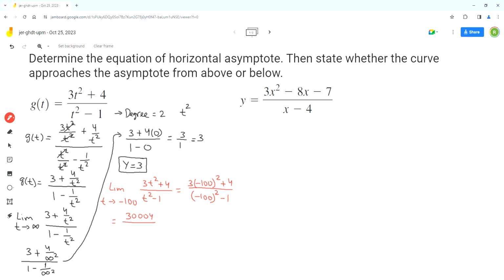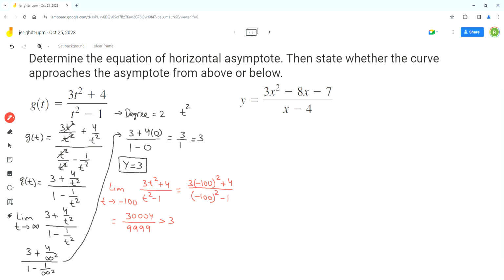In the denominator, negative 100 squared is 10,000 and 10,000 minus 1 is 9999. Now if we evaluate this fraction, we get a value greater than 3. So that means on the left side, the curve approaches the asymptote from above.